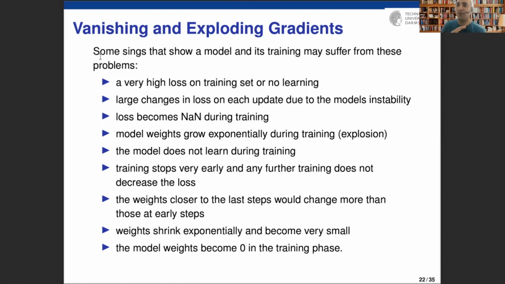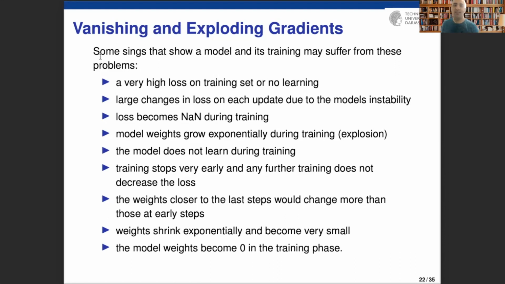So if you let your model run for several epochs and the loss value on the training set doesn't decrease, the cause could be vanishing gradients, because the model doesn't learn the relations well, right? Or if you see large changes in the loss on each update due to the model's instability, it usually happens when you have exploding gradients.